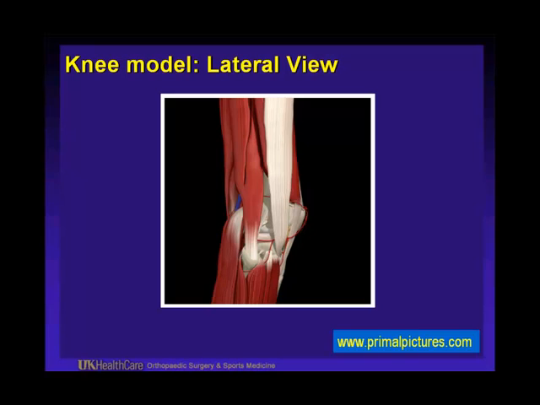arterial supply, venous supply, the important nerves, understanding the anatomy and course of the peroneal nerve behind the fibular head, branching, check for sensation of the top of the foot and dorsiflexion after acute knee injury.